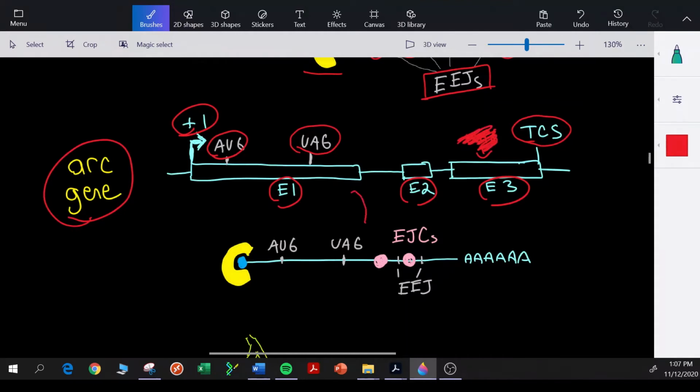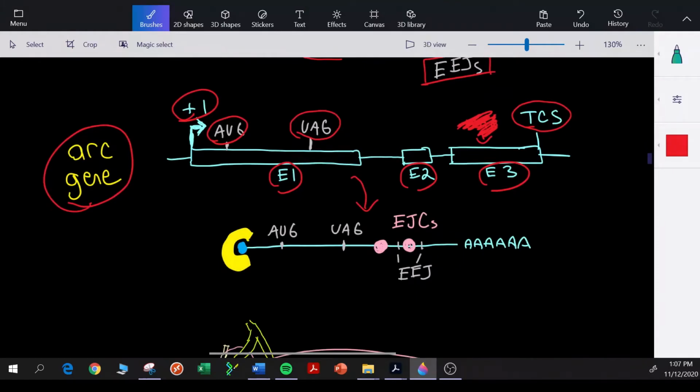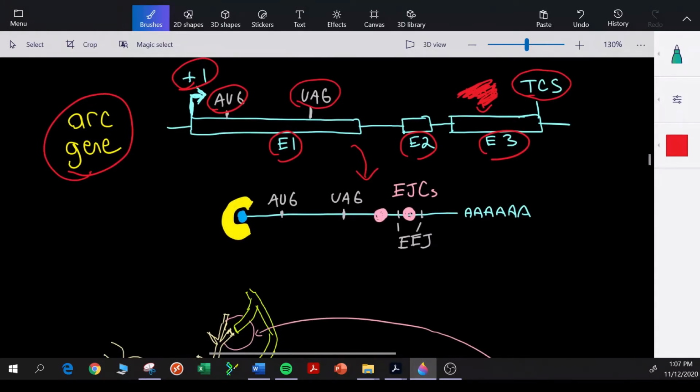So this is transcribed in the pre-messenger RNA, is processed into an RNA that looks like this. Cap binding complex here, poly A tail with 250 A nucleotides, 2 exon junction complexes, and 2 exon-exon junction sites.